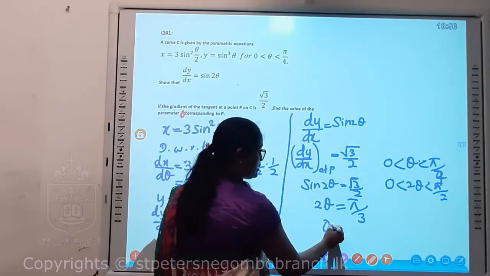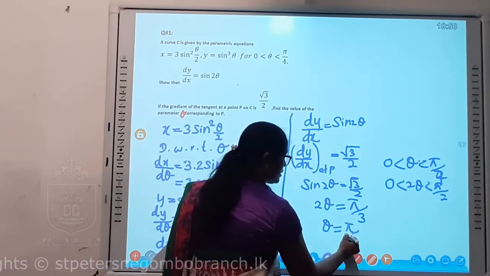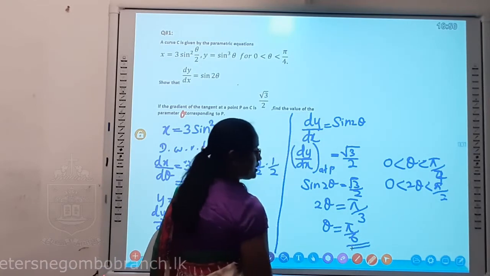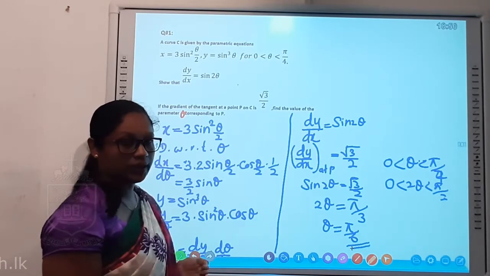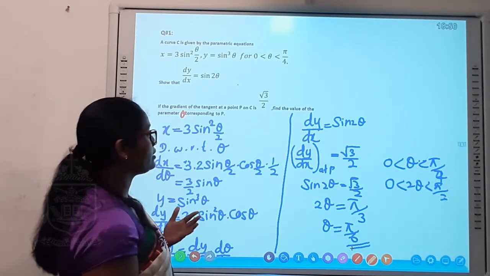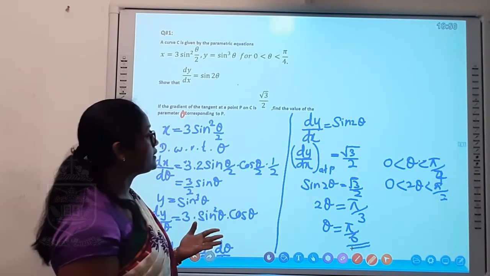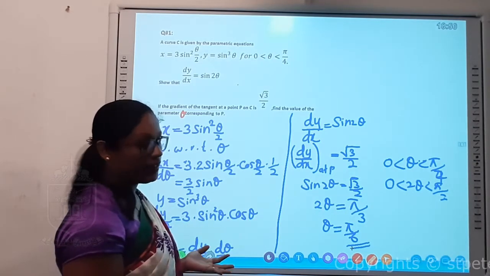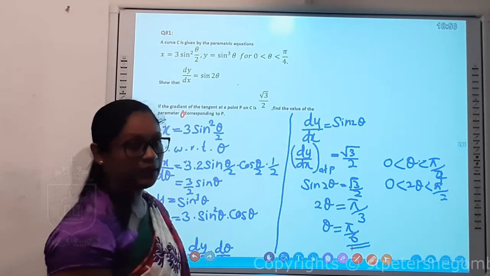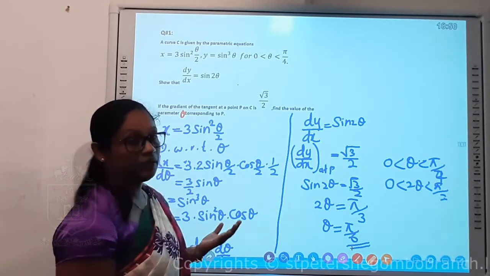So theta is equal to pi by 6, right? So this is what we want to find in this question. We proved dy over dx is equal to sin 2 theta, and then we found the parameter of the respective point P using the given gradient.